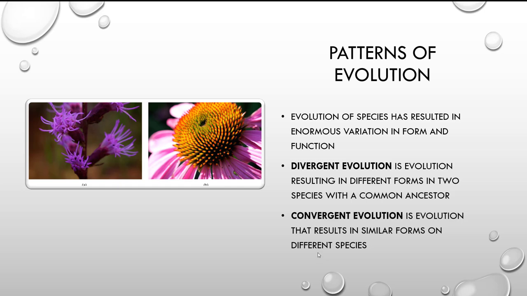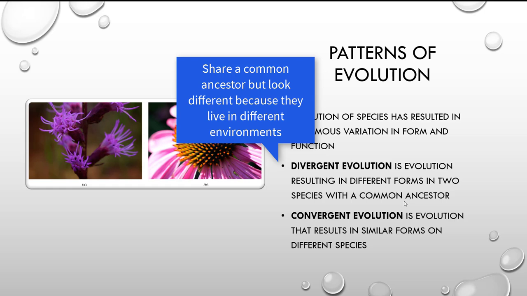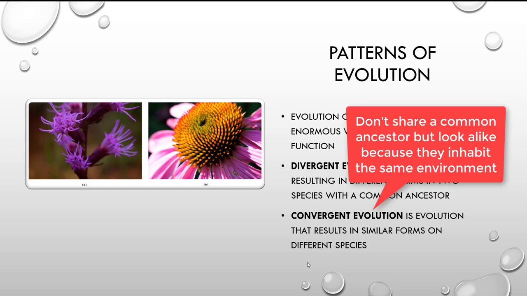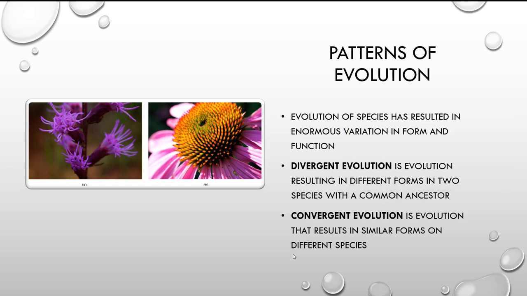They evolved to live in the same environment, but they don't share a common ancestor. So in divergent evolution, they share a common ancestor, but they evolved to live in different environments. In convergent evolution, they don't share a common ancestor, but they evolved to live in the same environment. So they have similar forms. All right.